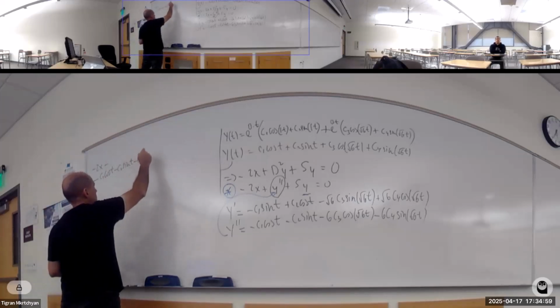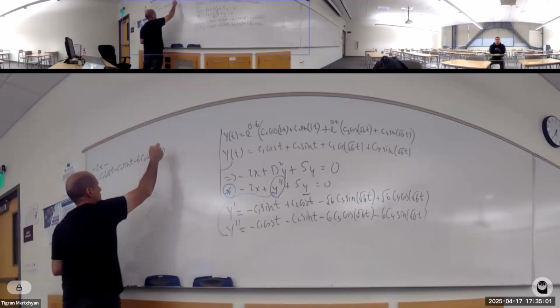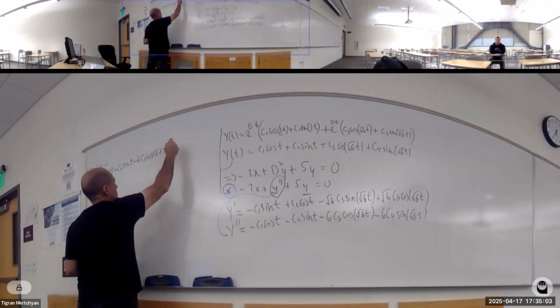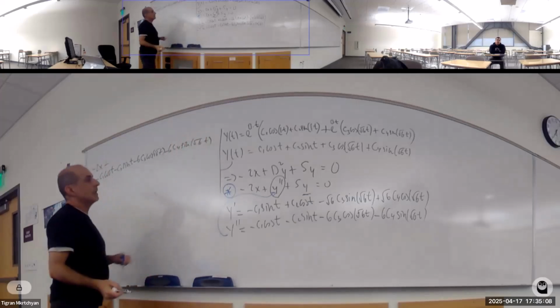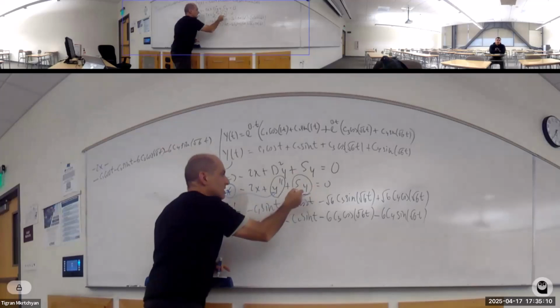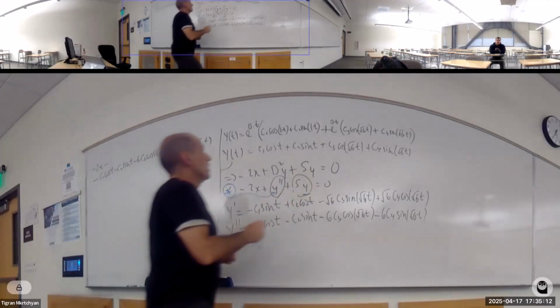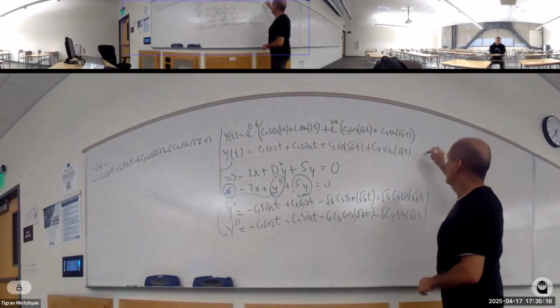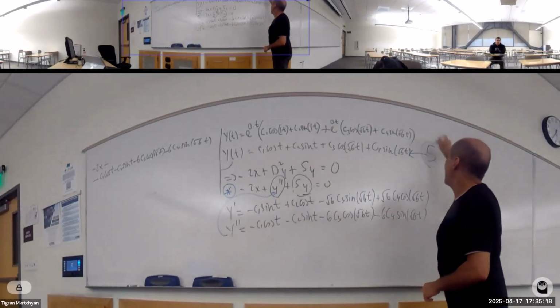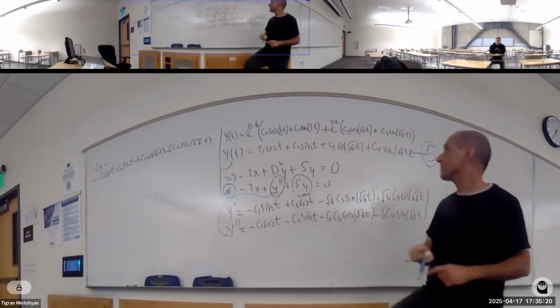C3 cosine square root 6t. Minus 6 C4 sine square root 6t. And then now I'm going to write this last guy, plus 5y. So I'm going to multiply this guy by 5 and add.